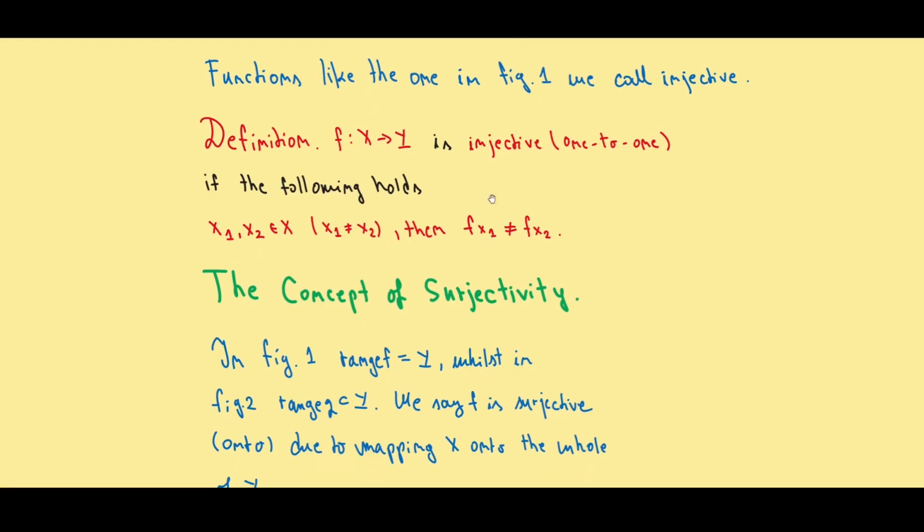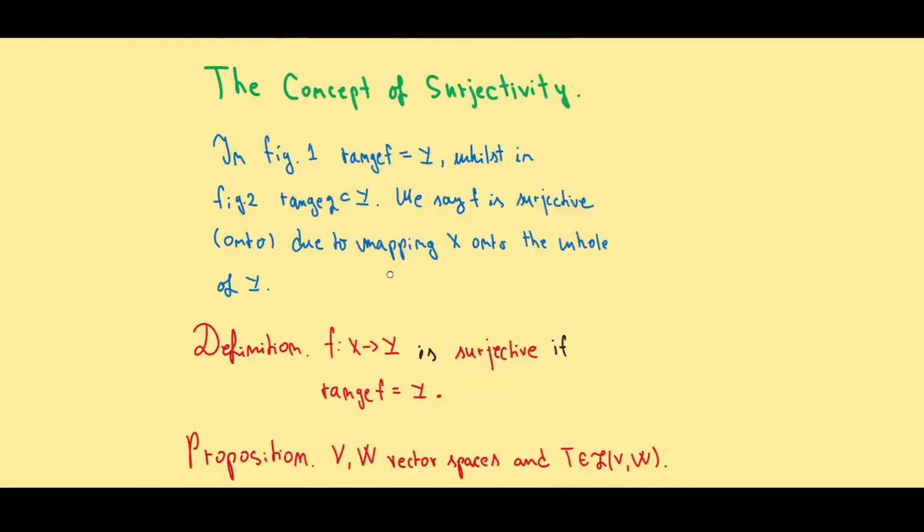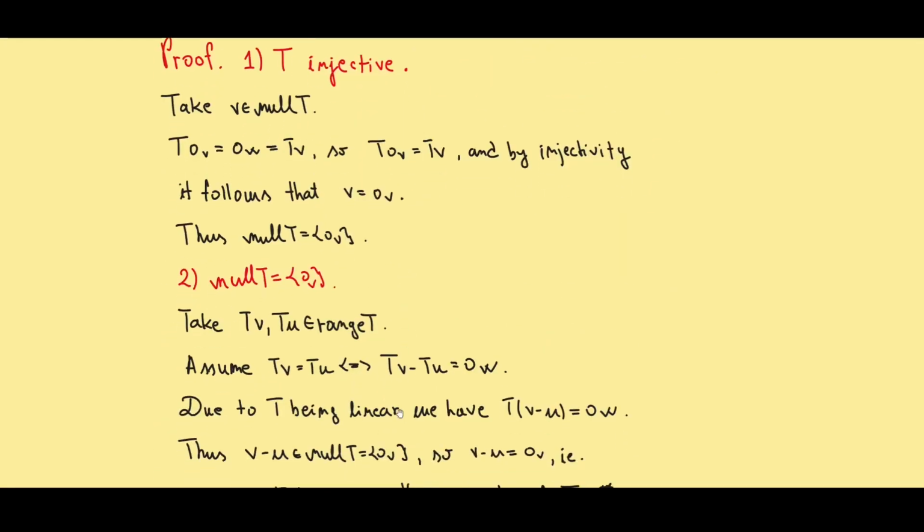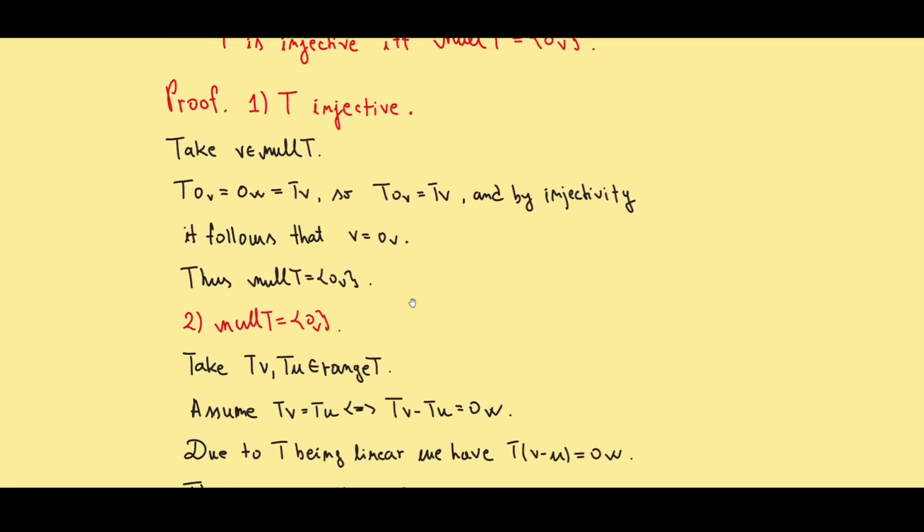If this doesn't hold, then this doesn't hold, which is equivalent to saying that if two of your images are the same, then the two elements that got mapped to that are also the same. So you go in reverse, kind of. That's an equivalent statement, so we will be using the other phrasing of injectivity.